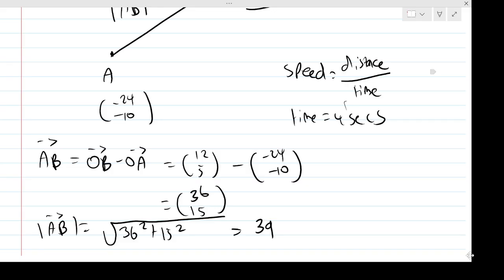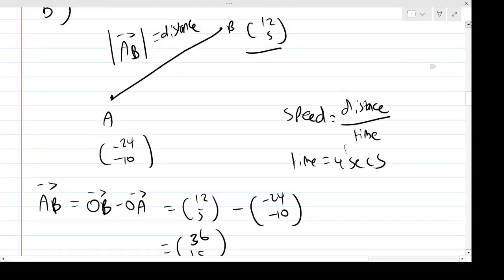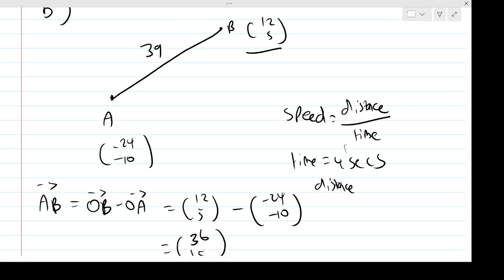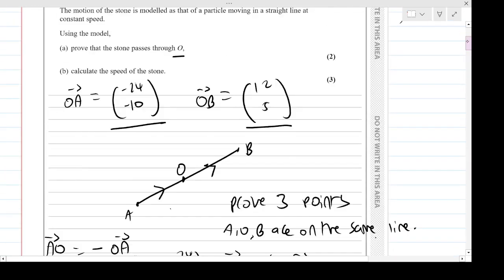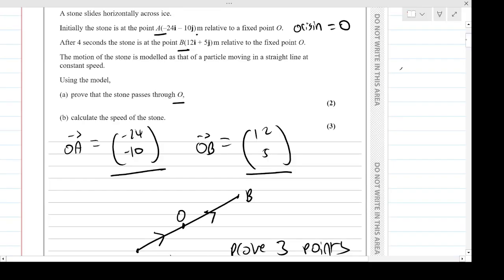So that's telling me that the distance of the line from A to B, where the stone has travelled, is just 39. Right? So my distance is 39, and that'd be in meters. Again, it's in meters because it references meters here.